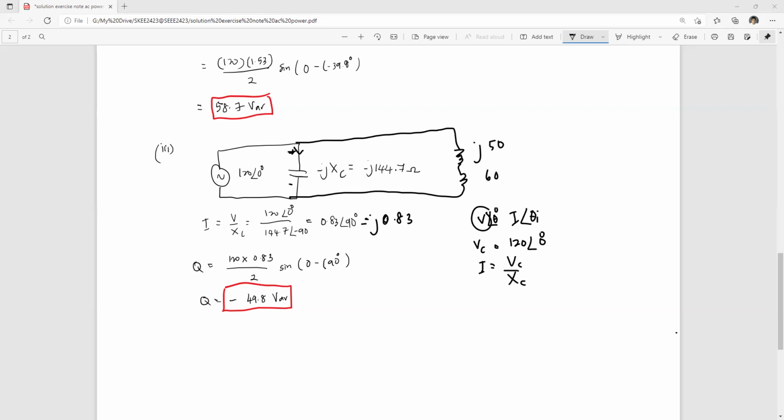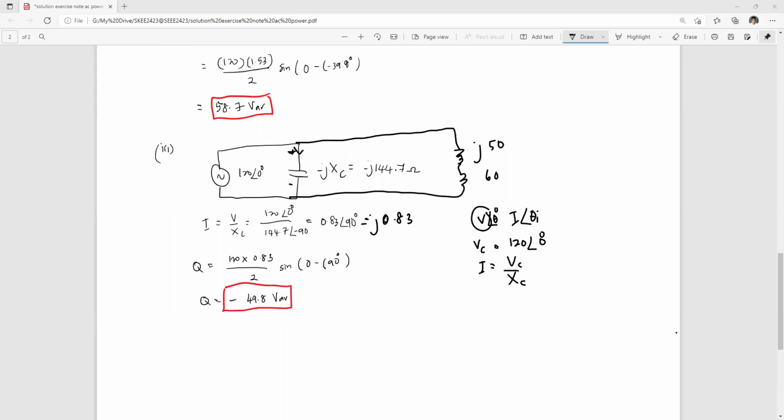Now, what is the value of the capacitor that needs to be installed? That is the question. How do we get this? To get the QC, we can use the formula from the notes, which is the voltage across the capacitor squared over the XC.